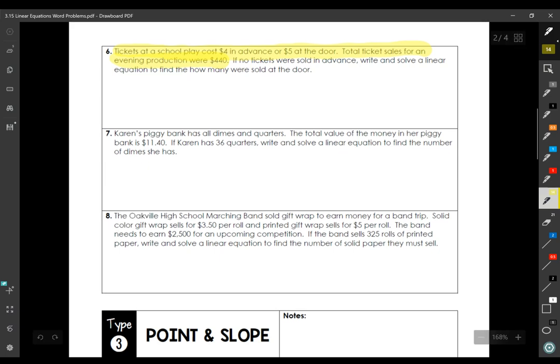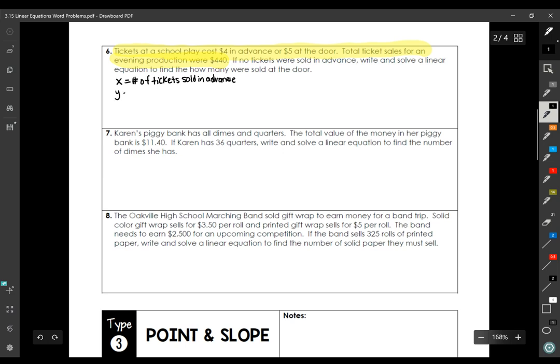Again, in this specific problem, it doesn't matter which one I call X or Y. So X will be the number of tickets sold in advance.